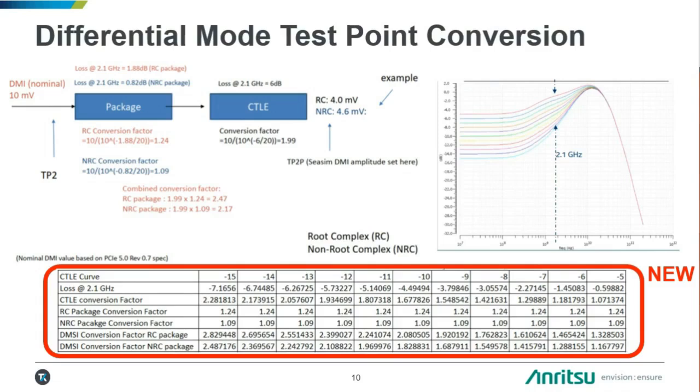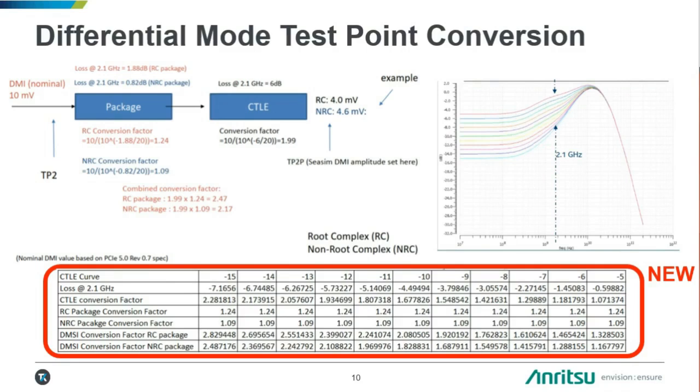So there's two different test points to consider. TP2, shown as the test point right at the real-time scope, that's actually before we've done some of the post-processing steps. The ones of interest here are adding the package loss for either root or non-root, and also applying the CTLE.